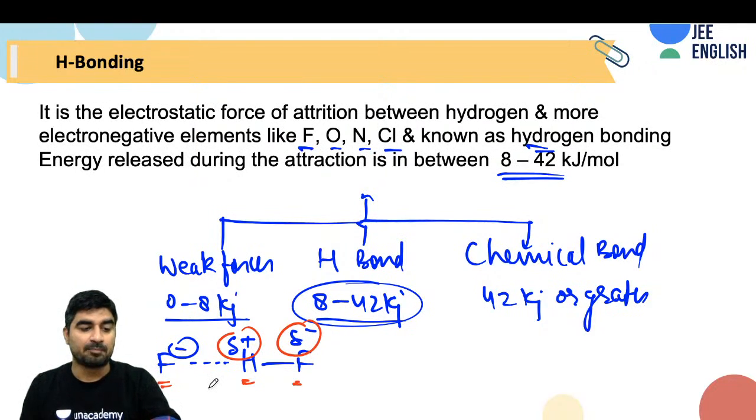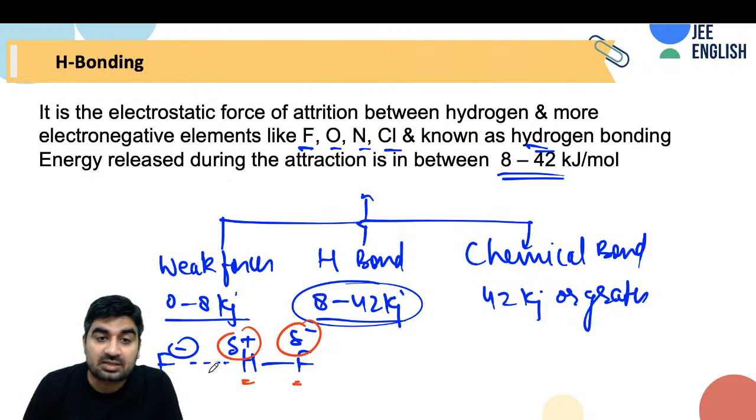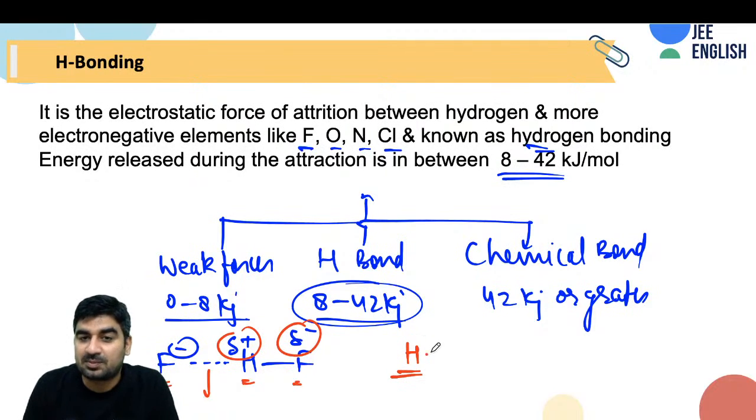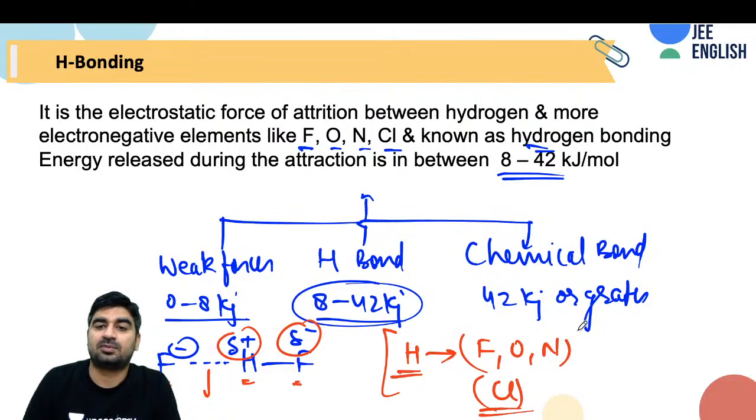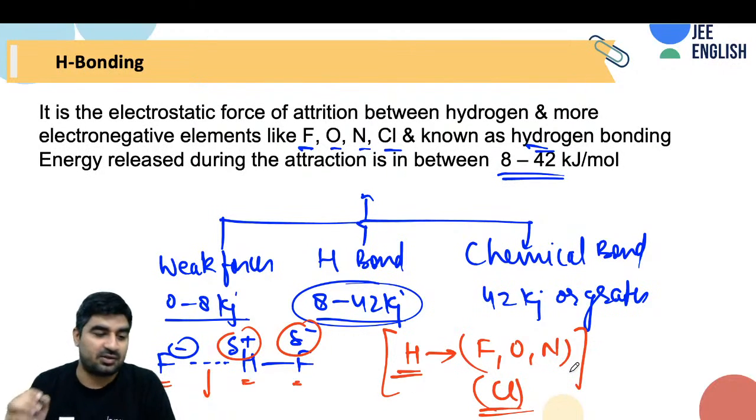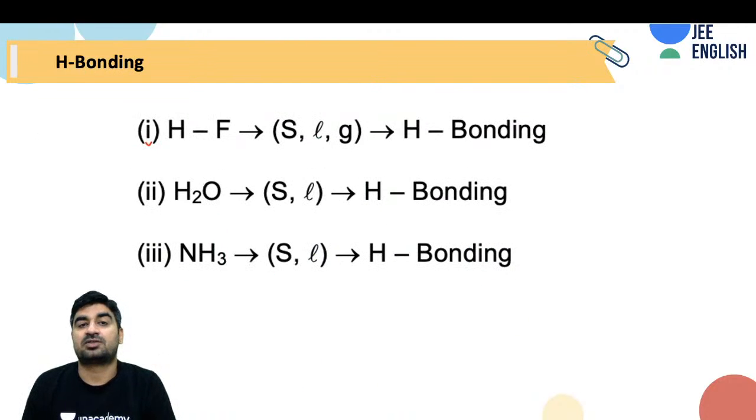Got it? This type of attraction is called electrostatic attraction, and in hydrogen bonding there must be hydrogen, and it should be between F, O, N, sometimes chlorine as well. I hope you now got the idea what hydrogen bonding is. Let's move.